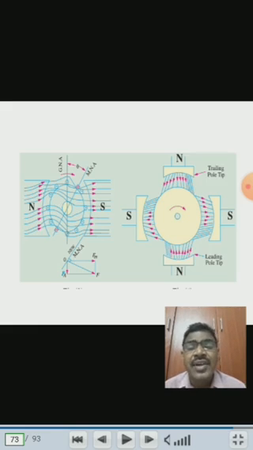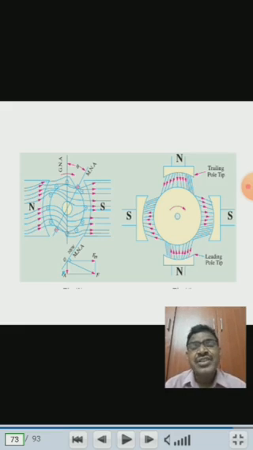Let us see what action takes place in the DC generator. In the previous cases, the fluxes are not distorted, it is uniform and symmetrical about its magnetic neutral axis. But in this case, it is not like that.